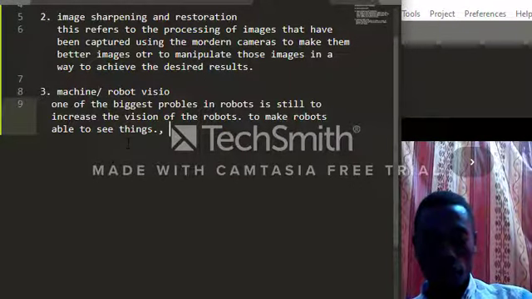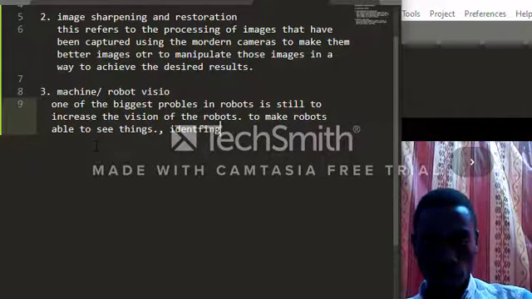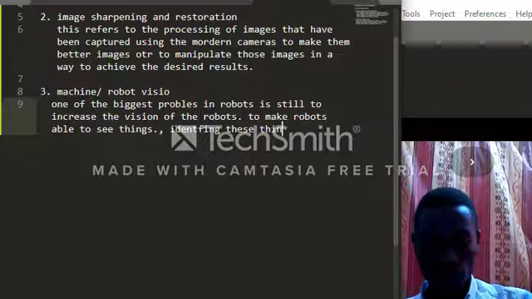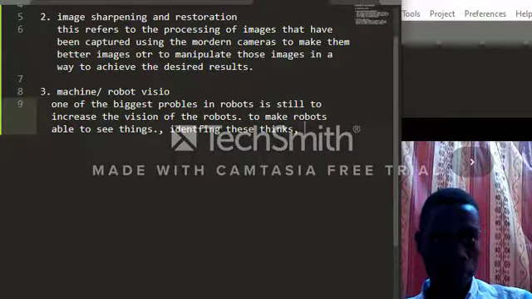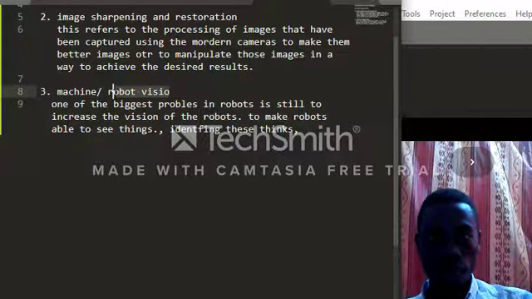Another thing, identifying the things, not only to see but also to identify these things. So this image processing is very important and is applied in robotics.